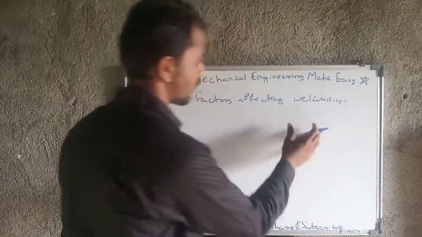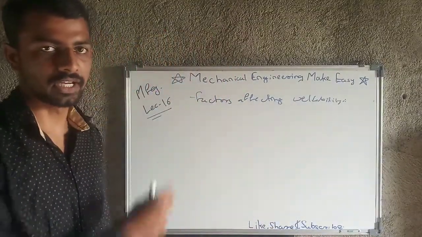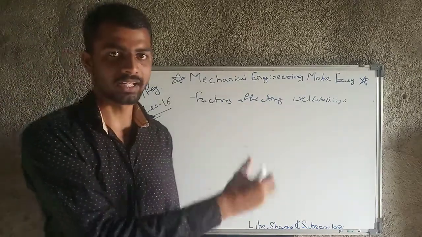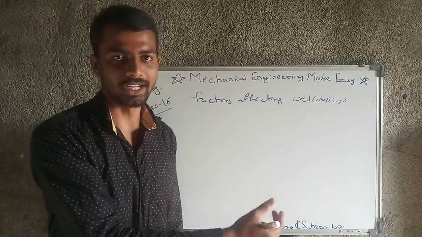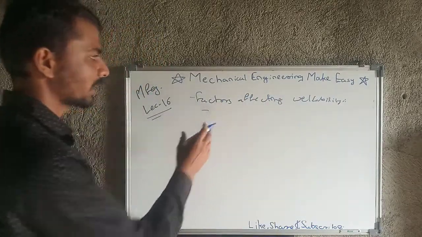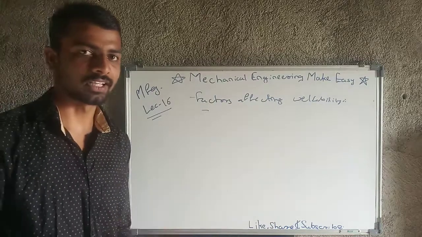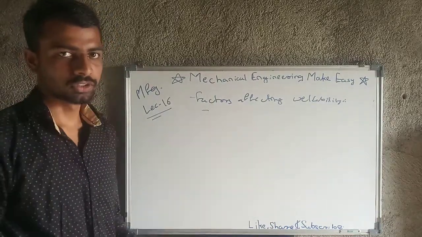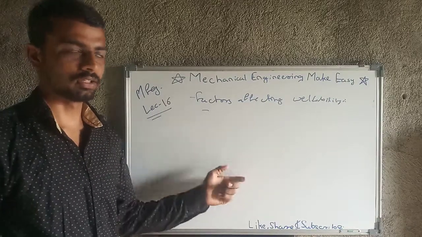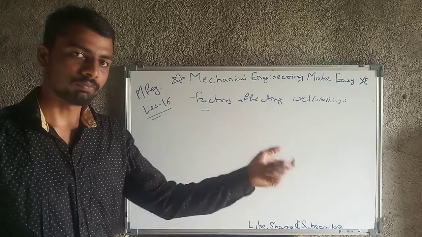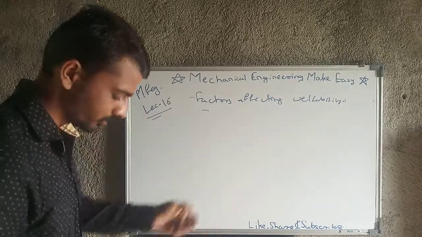I gave you the idea in the first lecture of welding. Weldability is nothing but the capacity of a material or metal to be welded. A number of factors affect the weldability of any material. For example, for a copper alloy, whether it can be welded or not will depend on composition and so on. So we will look at that.